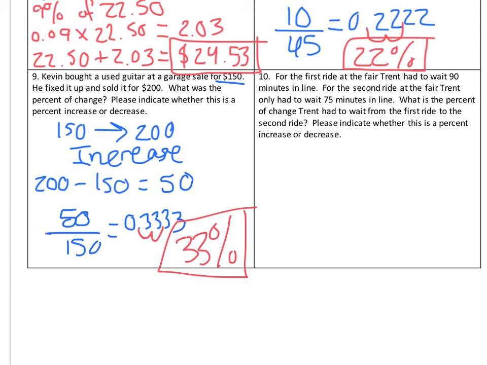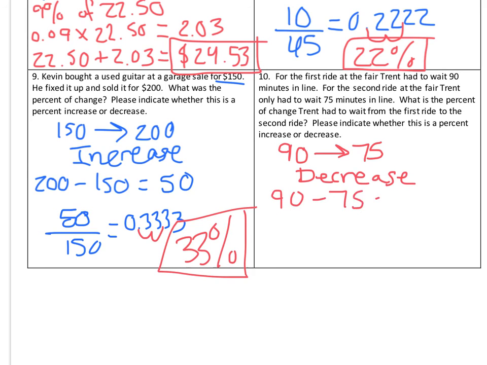Number 10, for the first ride at the fair, Trent had to wait 90 minutes in line. For the second ride at the fair, he only had to wait 75 minutes in line. What is the percent of change Trent had to wait from the first ride to the second ride? And please indicate whether this is a percent increase or decrease. All right, so Trent starts at 90 minutes going down to 75, so that is a decrease. I subtract 90 minus 75 to find out the change.